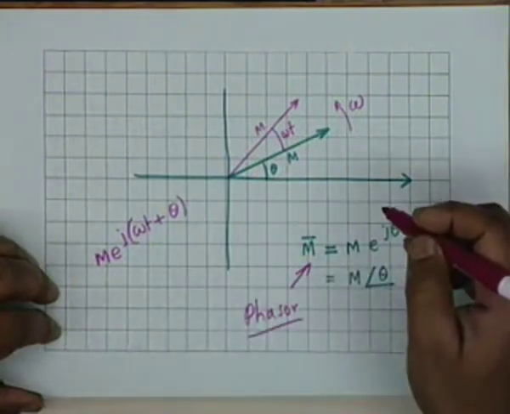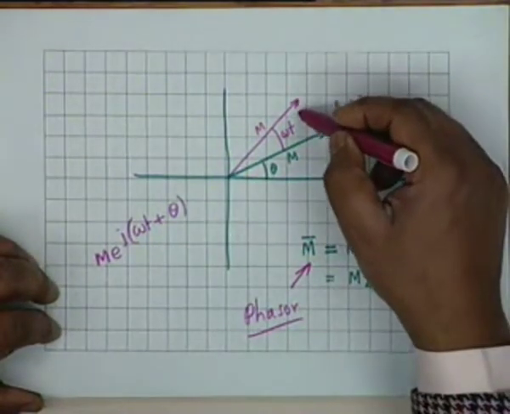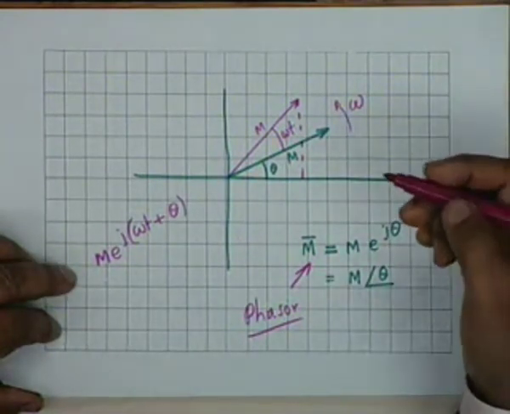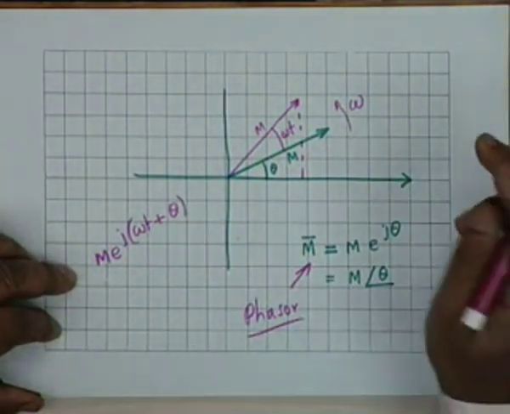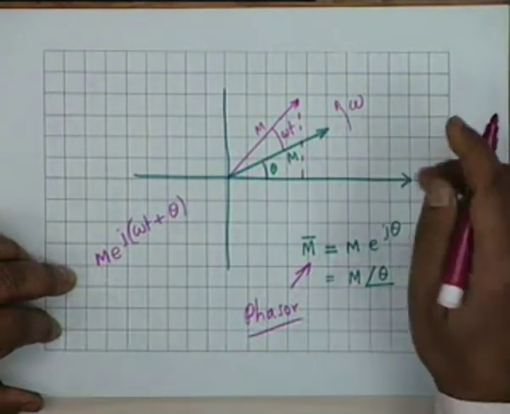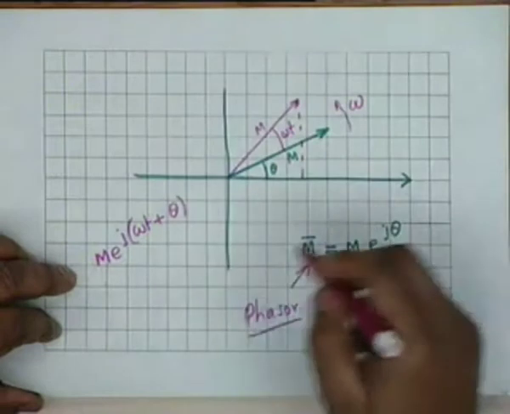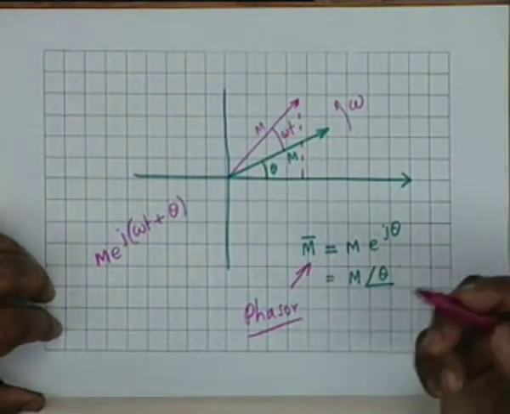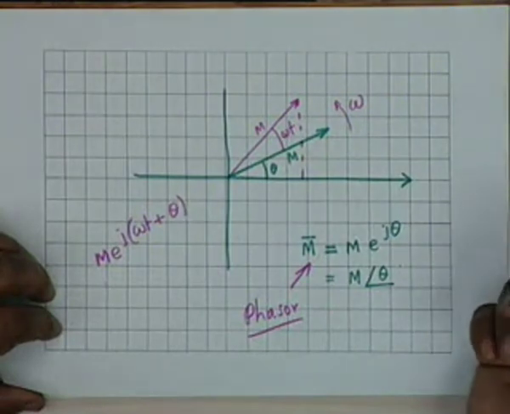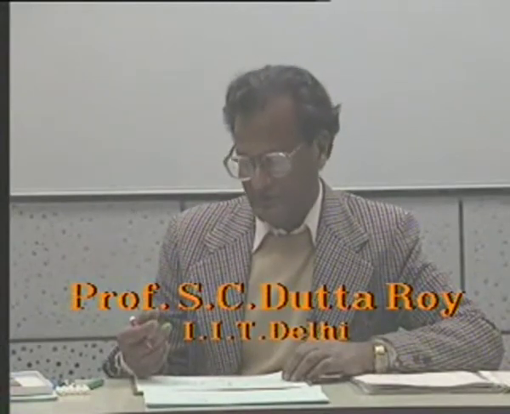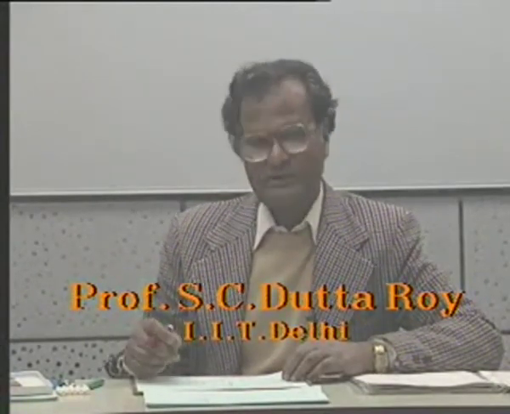You see that its projection on the real axis is M cosine omega t plus theta, which is our familiar sinusoidal voltage or current, and its projection on the imaginary axis is M sine omega t plus theta, which also can represent a sinusoidal voltage or current as generated by an alternator in the laboratory.